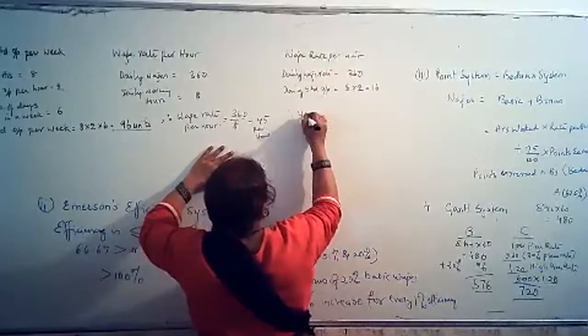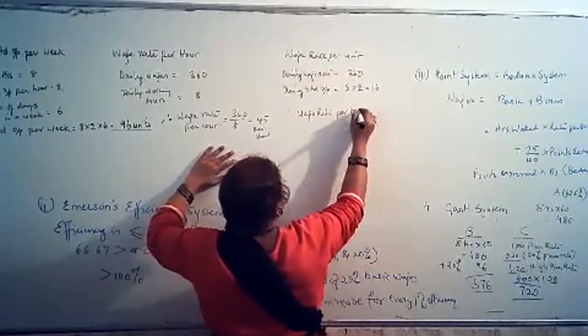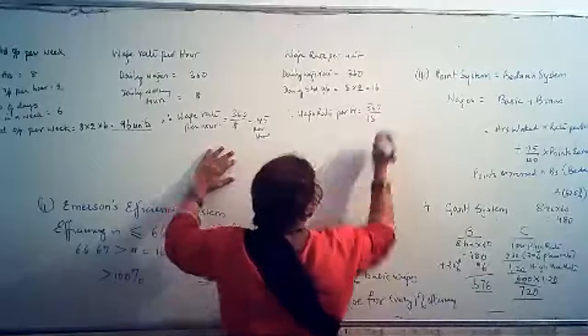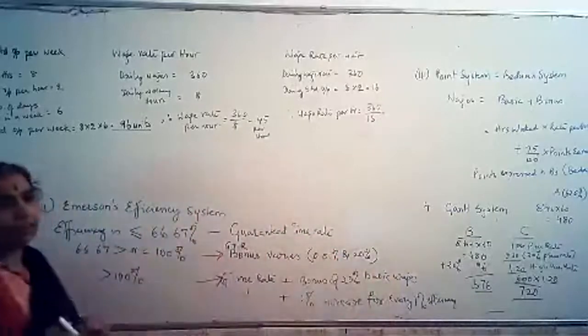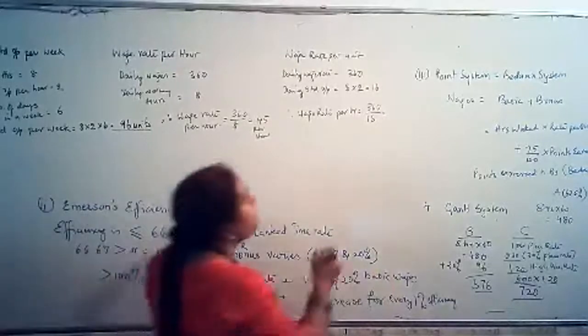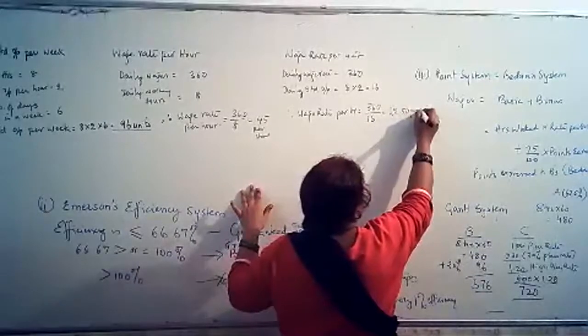Therefore, wage rate per unit is equal to 360 divided by 16. This is how you need to calculate for per unit. So that comes to 22 rupees 50 paise per unit.